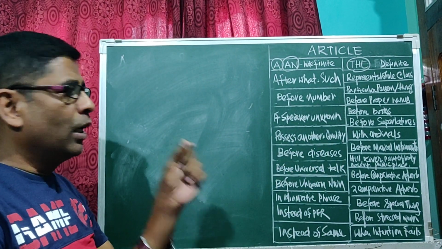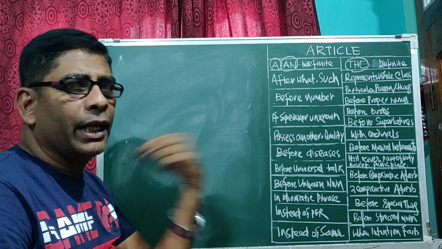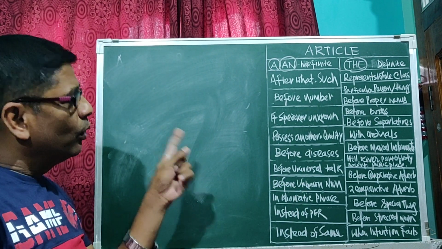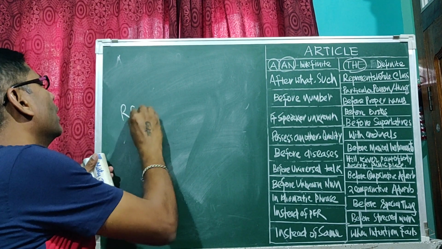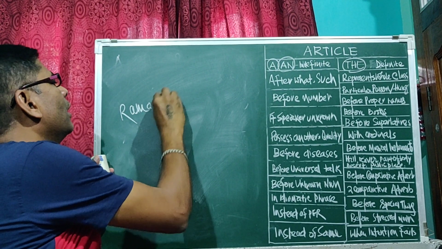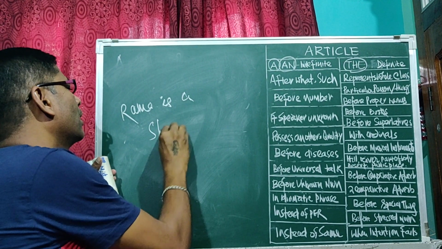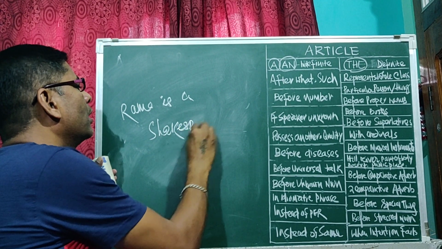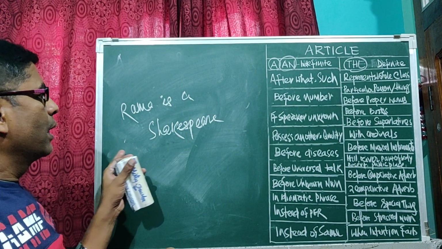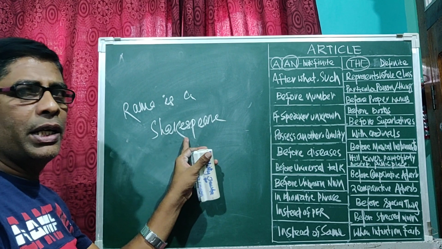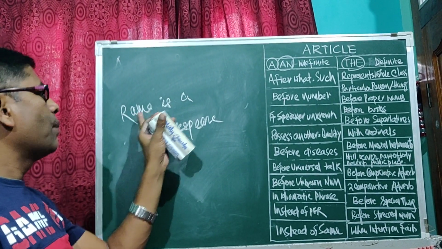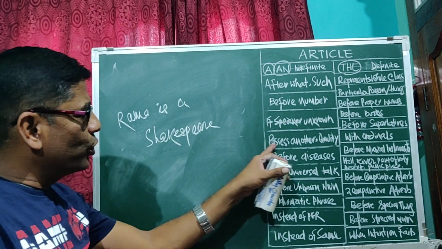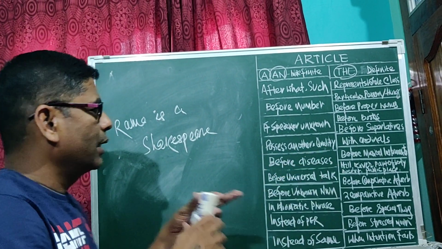If someone possesses the quality of another great man, we use the article A. Ramu is a Shakespeare. Because Ramu possesses the quality of Shakespeare, we write Ramu is a Shakespeare.